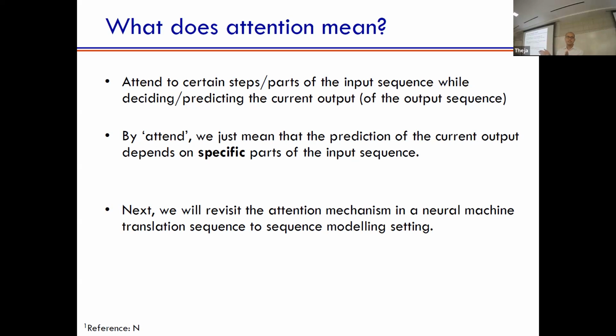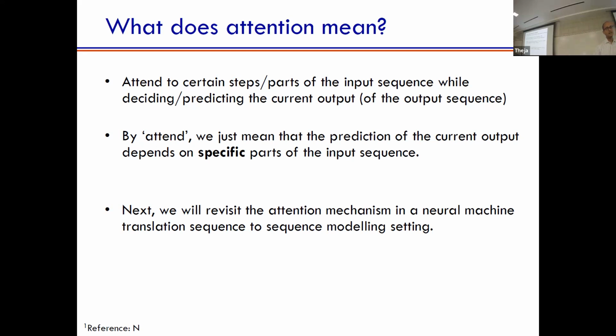So you'll be sequential, but while you're generating these words, you might want to say that some part of the input was more important for generating this word compared to the next word. So how do you enable that? It's basically what parts of the input you want to pay attention to while you're generating the current part of the output. Your output could be 10 words, but when generating the fifth word, which part of the input should I focus on? We'll see that through examples. So that's what we mean by attention.